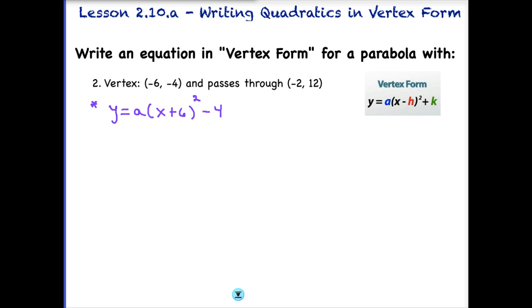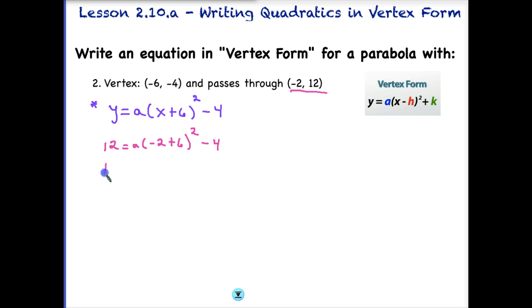And in order to do that, I can plug in this point, -2, 12, in for x and y. So I'll go ahead and replace y with the 12. I'll replace x with the -2, square all that, and minus 4. And now I just need to simplify. So again, remembering your order of operations, be very careful.